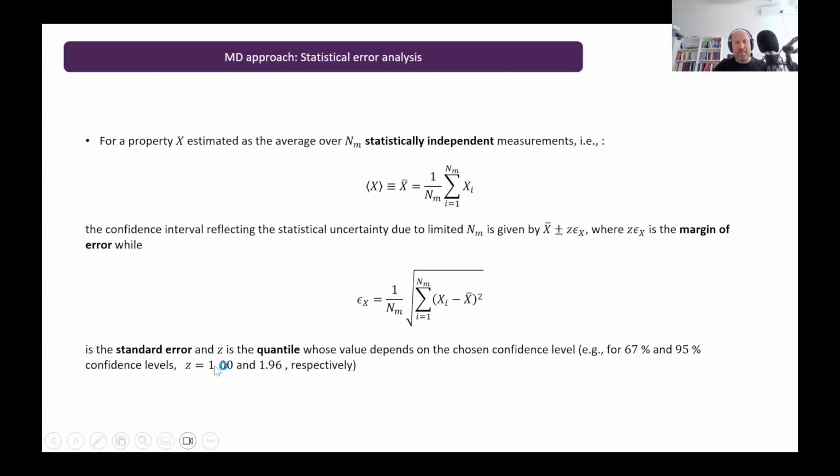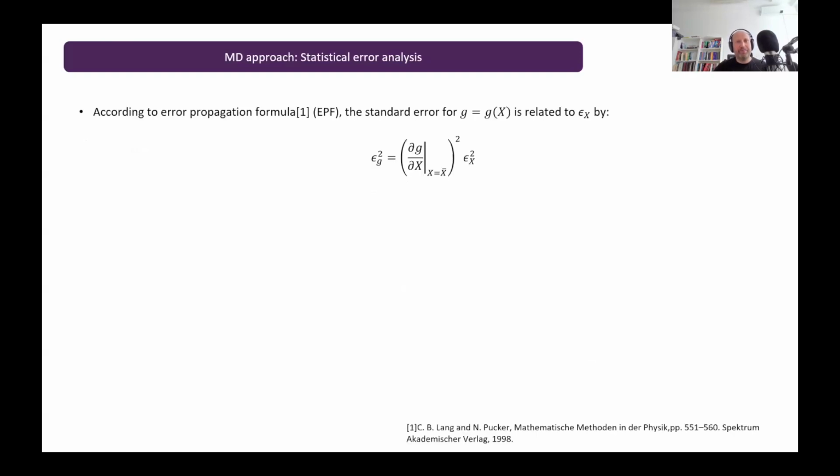So for instance, Z is 1 if we choose the 67% confidence level, or 1.96 if we choose the 95% confidence level, right? So what we want to evaluate is actually this margin of error, which reflects uncertainty in our data.